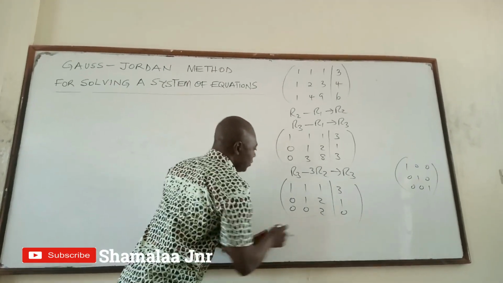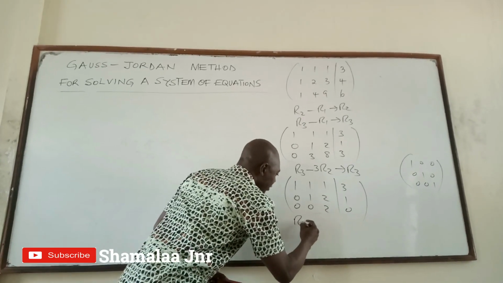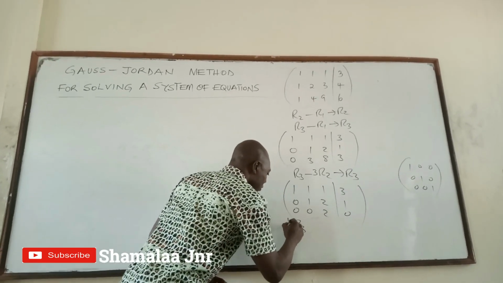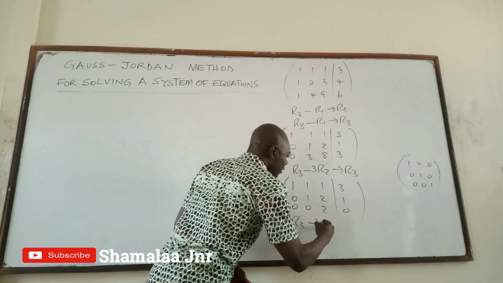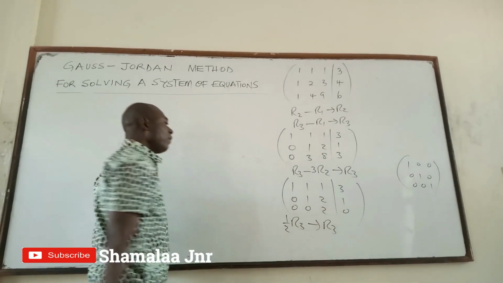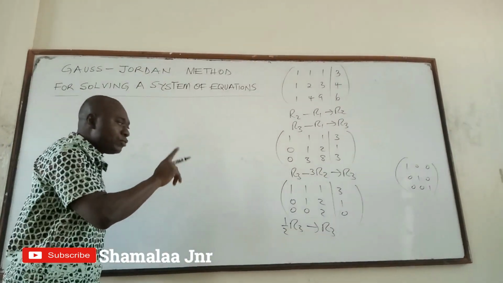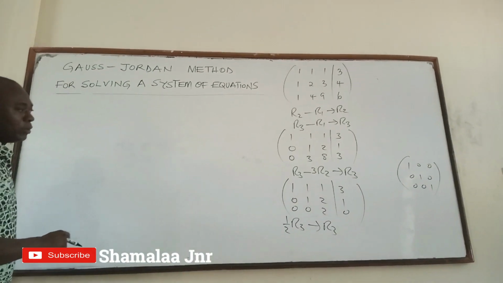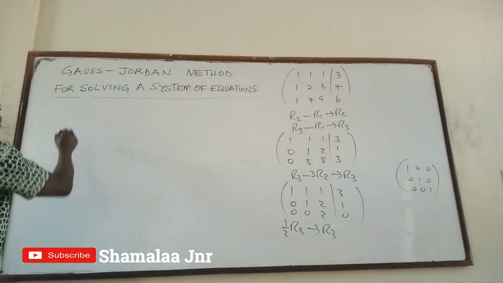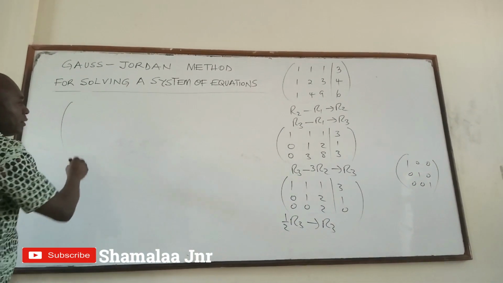So it means that 1 over 2 times R3 should give us R3. We are dividing through row 3 by 2 to cause the 2 to be 1.